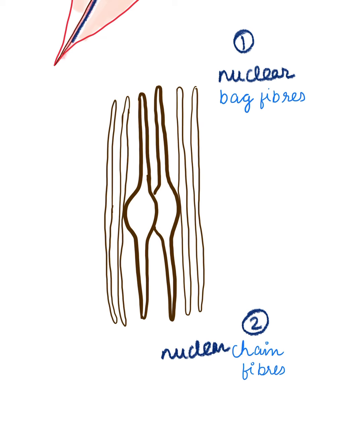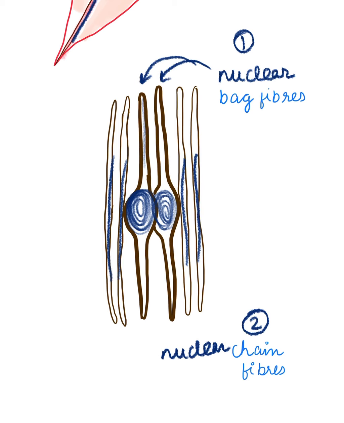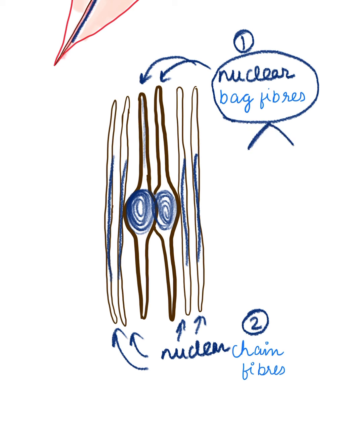So this fiber with the dilated region in between is a nuclear bag fiber, and the other slender, thin fibers without the dilated region are nuclear chain fibers. In more detail, nuclear bag fibers are further of two types: the dynamic nuclear bag fibers and static nuclear bag fibers.